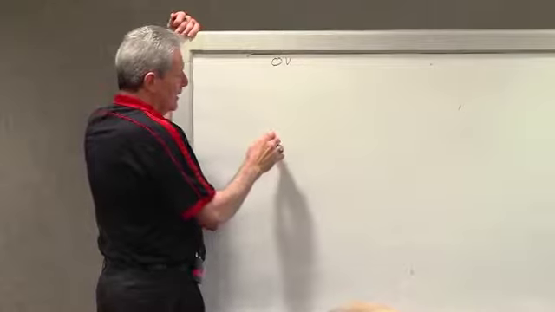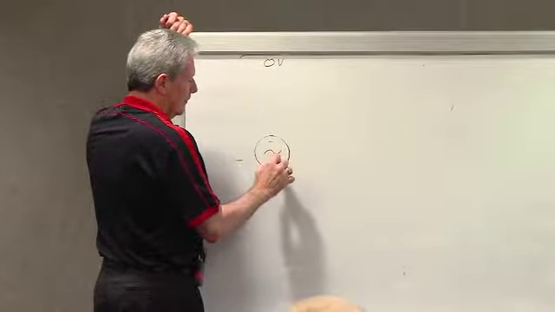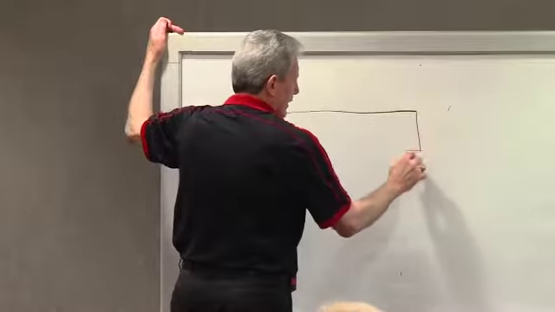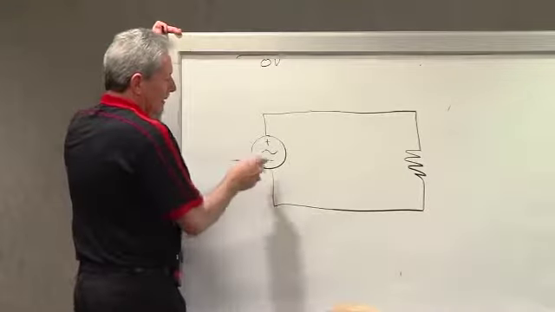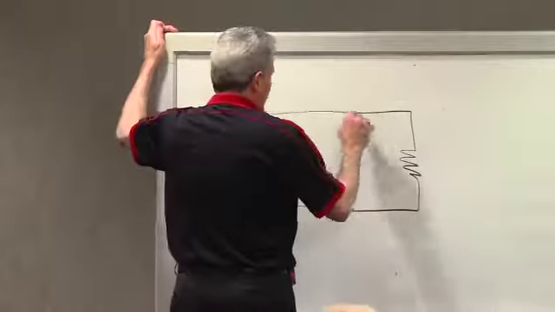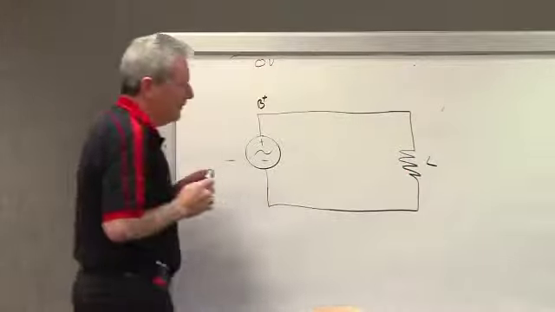The other one is, now I have an alternator. Let's talk about two things at once here. This is an alternator with a regulator in it. This is B+, and this is the load. Real simple.